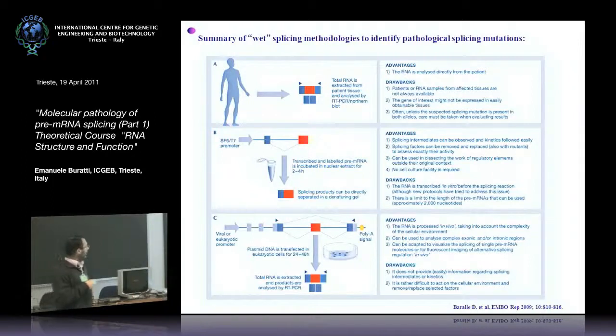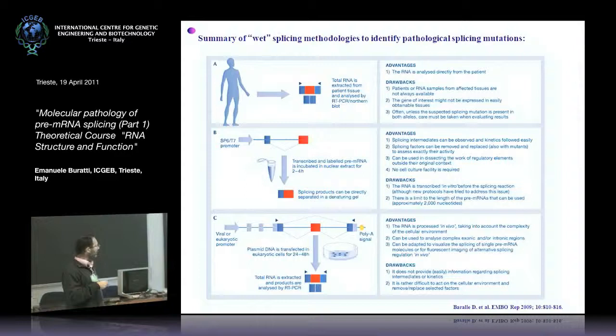So in order to avoid all this, what we normally do, and what is done now in many labs around the world, is a mini-gene approach. You actually make an artificial pre-mRNA where you insert the exon where the clinician thinks that the splicing mutation is occurring.